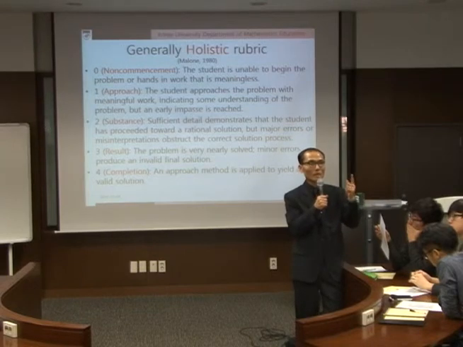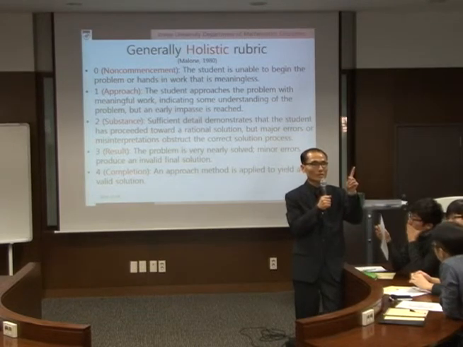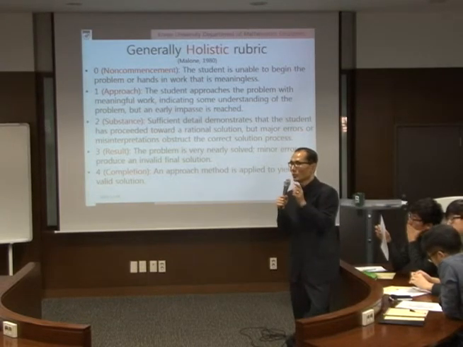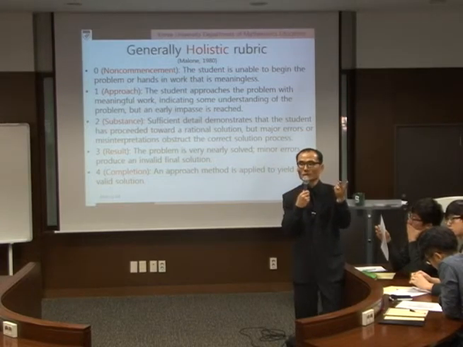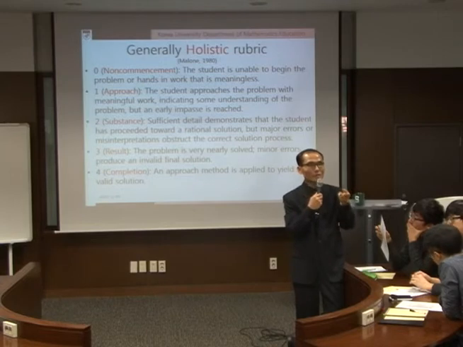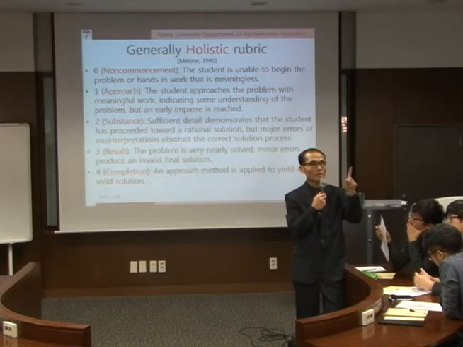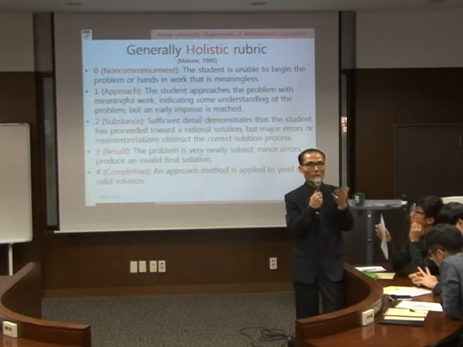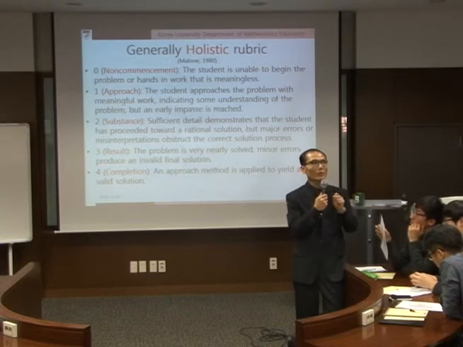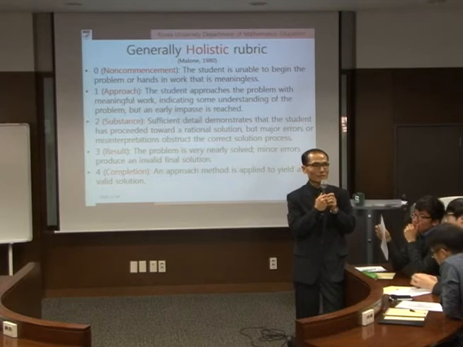Some problem out of 1 point, right? Some problem out of 1.5. Makes sense? There are only two different kinds of problem in the midterm exam. One kind out of 1 point, the other kind out of 1.5 points, right? Based on that point, you need to develop the holistic rubric. How can you grade? Make sense to you?